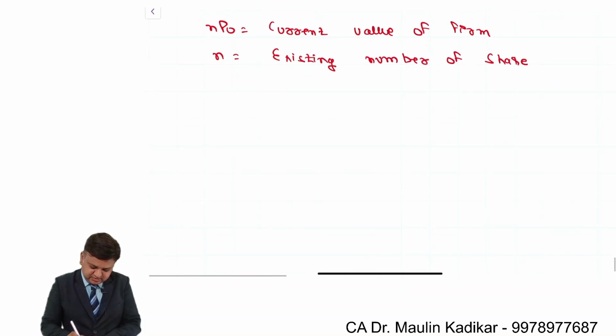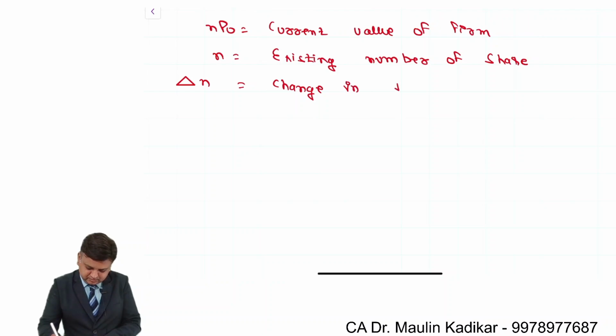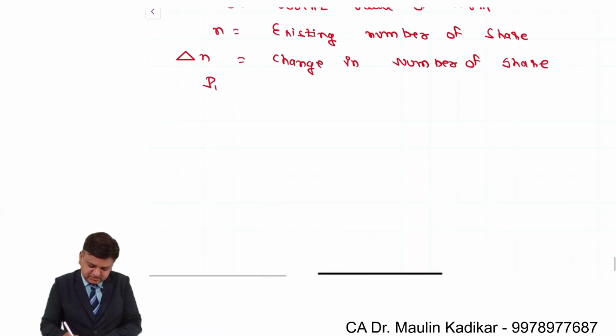Delta n is the change in number of shares. P1 is the market price of the share at the end of the year.